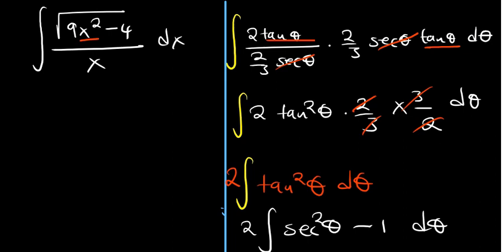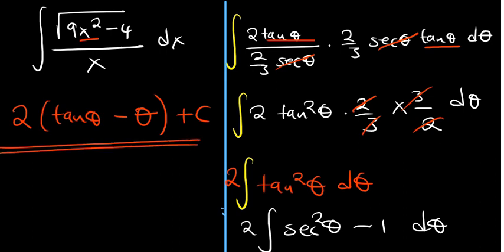So we're going to have 2, and then the integral of secant squared of theta is just tan theta, and then the integral of negative 1 is just going to be minus theta, because we're integrating with respect to theta, of course, and then plus a constant c. So this is our answer in terms of theta.